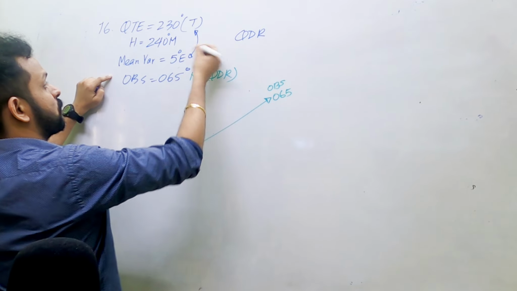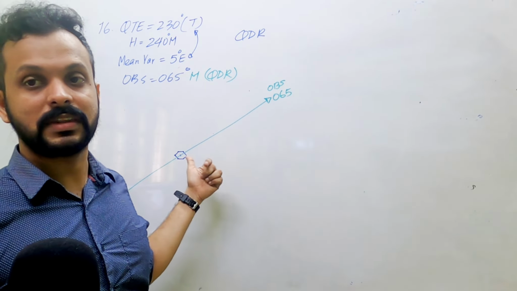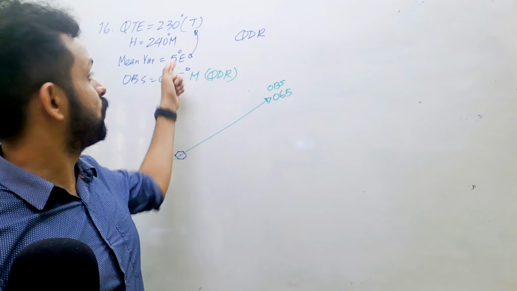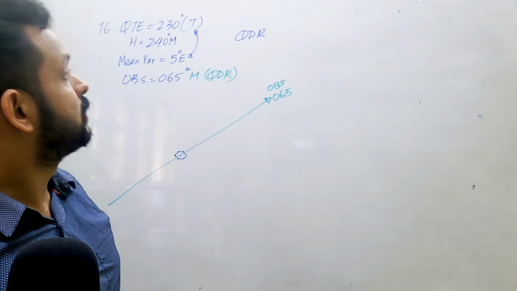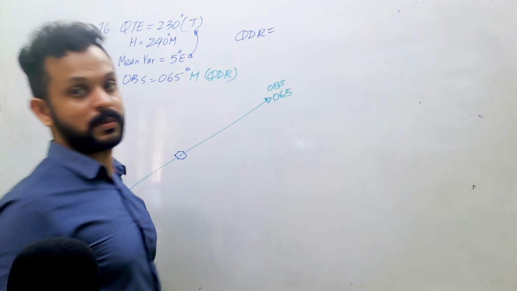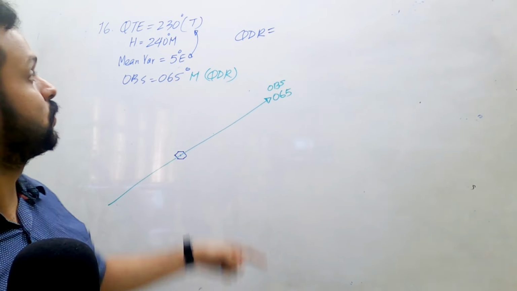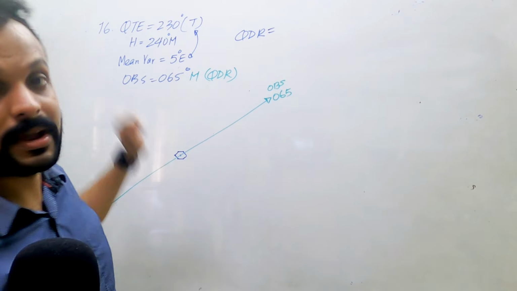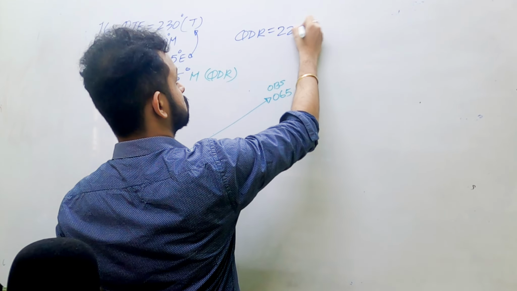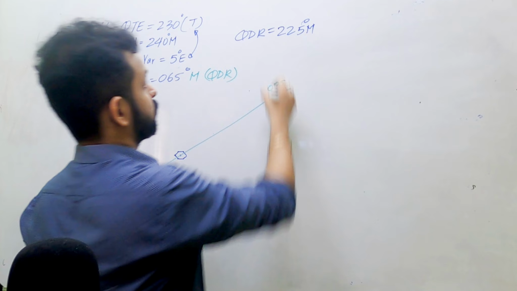A mean variation is given in the question. As I told you, if only one variation is given, it's always the variation of the VOR. Therefore, the variation of the VOR is 5 degrees east. 5 degrees east variation means magnetic north is east of true north, having a lesser value. Therefore, QDR is 230 minus 5, 225. 225 is the radial of the aircraft.